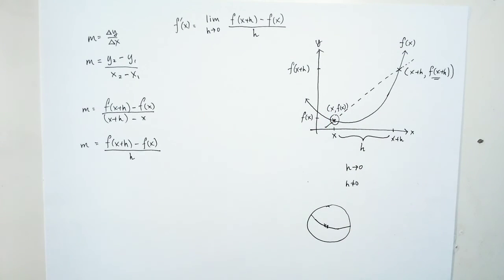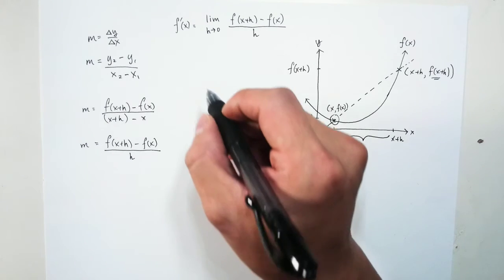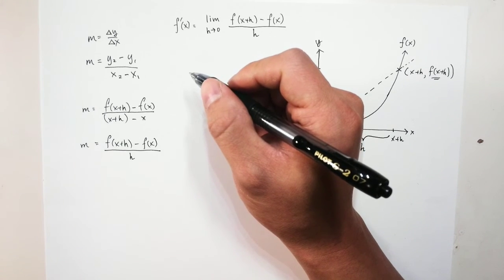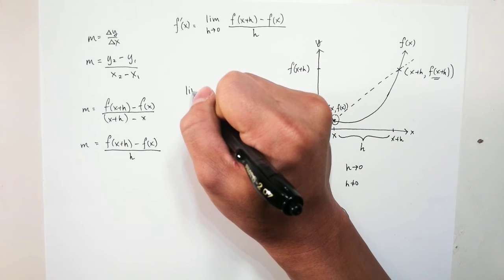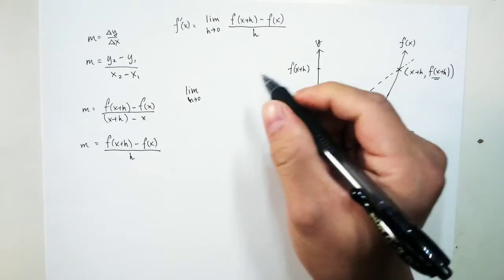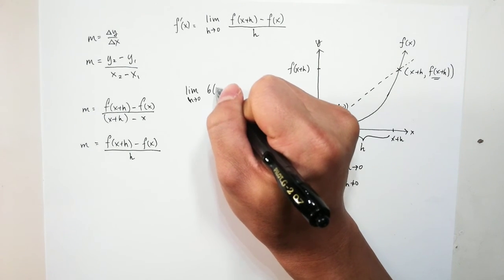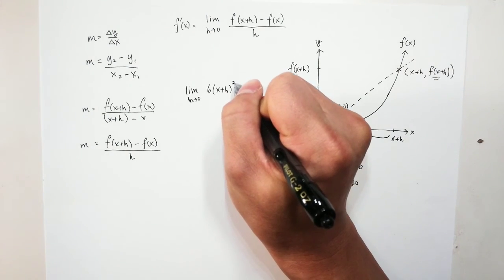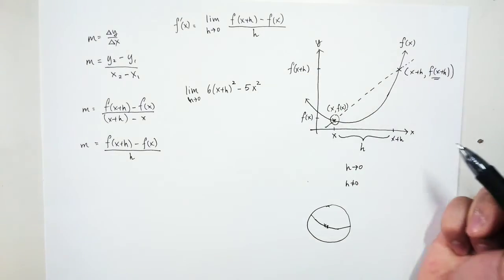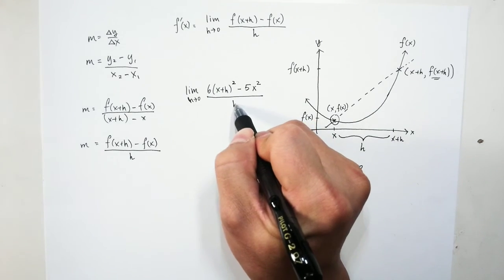Okay, now, how is that important? That is very important because let's say we have a problem. Okay, the problem is going to be like this. I would like you to find the derivative of the limit as h approaches 0 of (6x plus h) squared minus 5x squared over h.